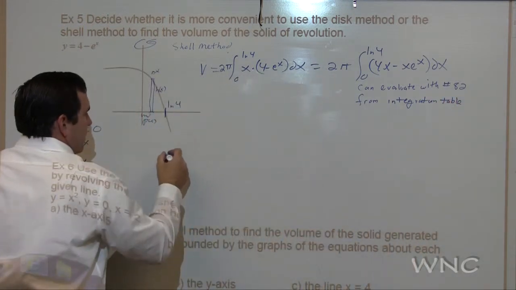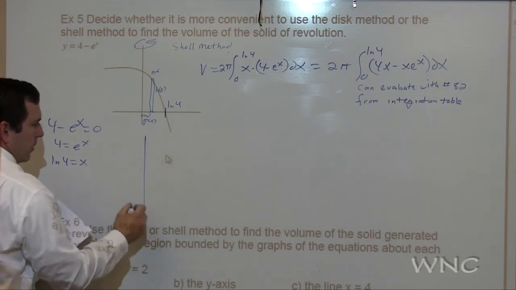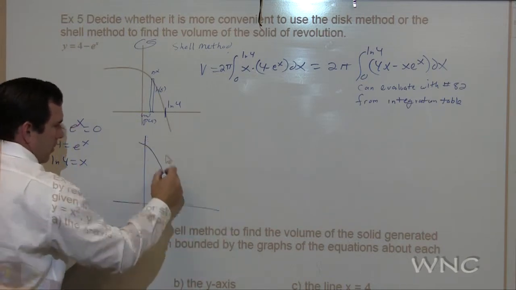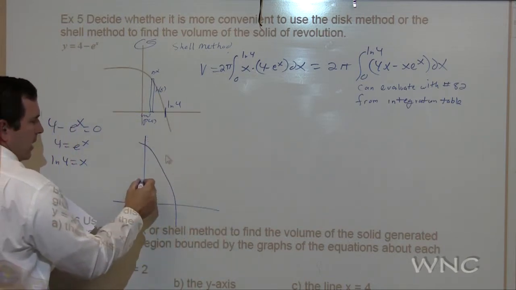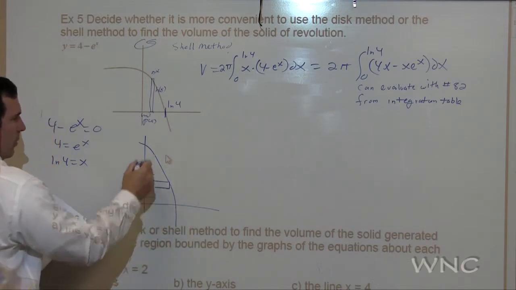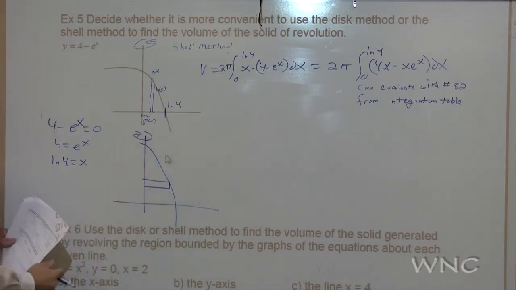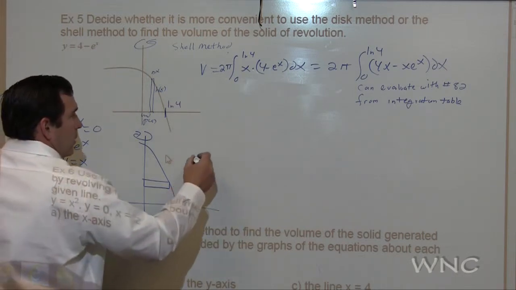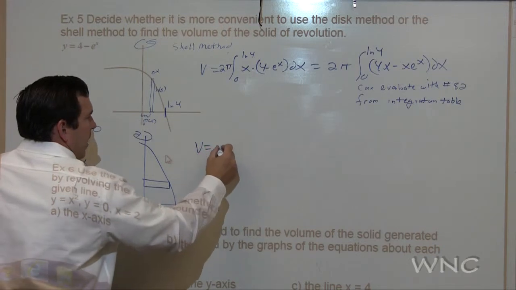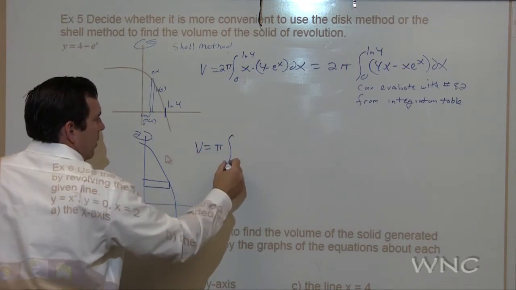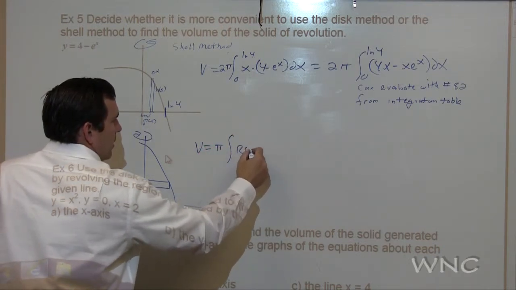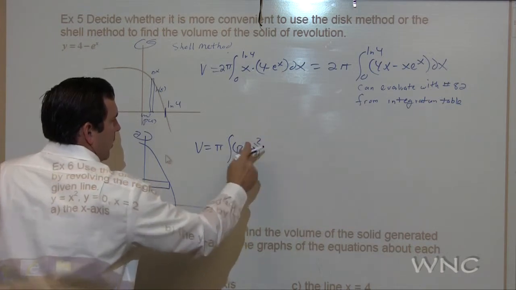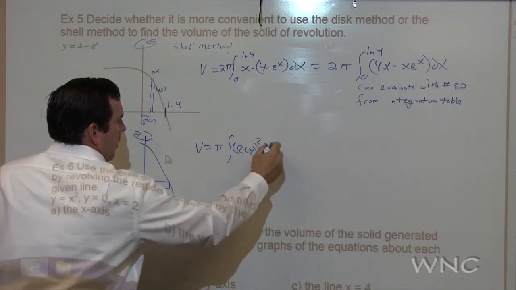The other way to do this, let me draw this again. In this case, we would have this perpendicular. So remember, it's going to be v equals pi times the radius of x squared. I think this is the radius of y in this case, dy.